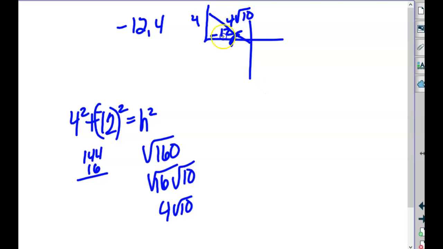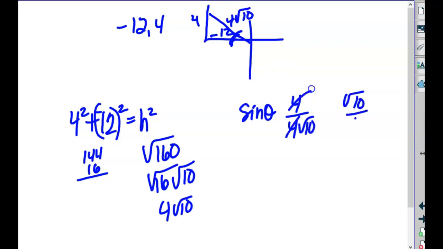All of these are going to reduce then, right? You could reduce them before you even started, but sine would be opposite over hypotenuse, or 1 over the square root of 10, or square root of 10 over 10. Cosine would be adjacent over hypotenuse.